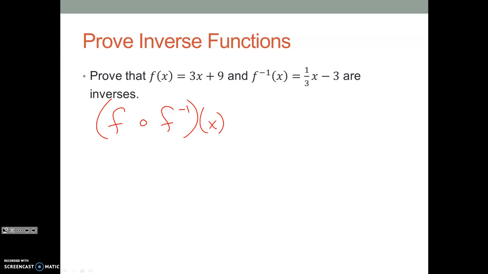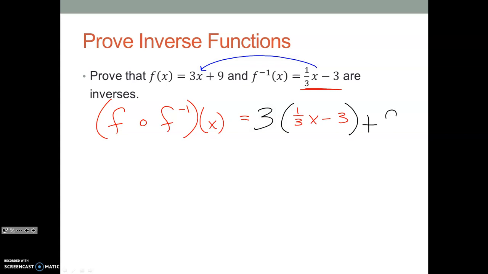So simply put, I'm going to take my inverse function here, and I'm going to plug that inverse function into my original function. Okay? So I'm going to have 3, but then instead of x, I'm going to have 1/3 x minus 3, plus 9. So I took my inverse and I plugged it into my original.